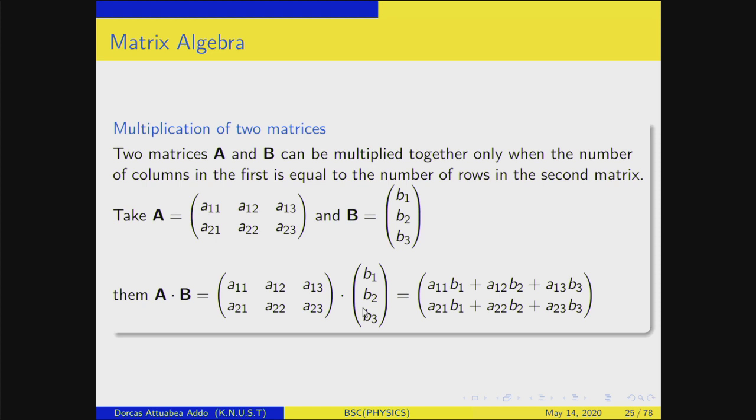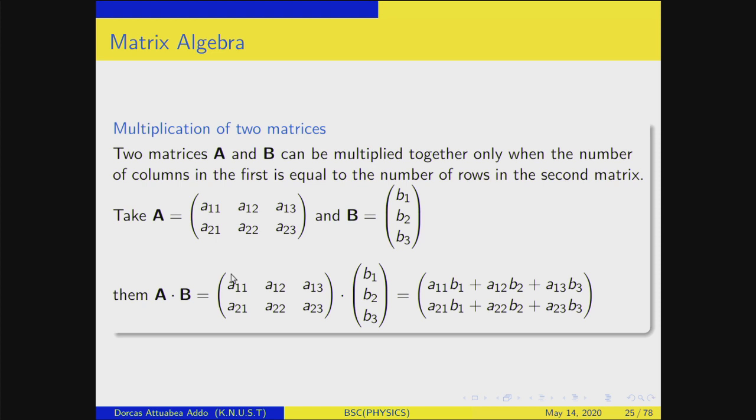So if we want to find the products of the matrices, to get the individual elements at their rightful location, this is how you go about it. You pick the first row of the first matrix A and you multiply by the first column of the second matrix.